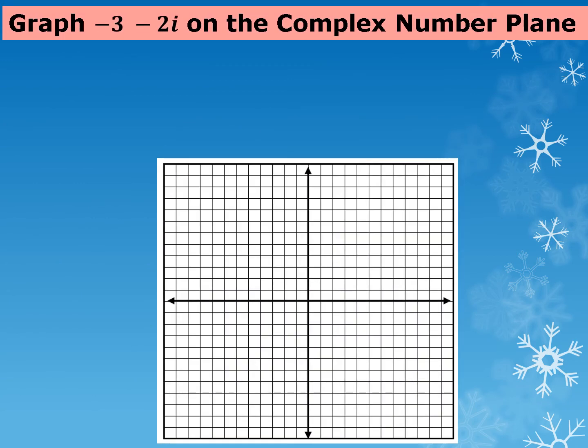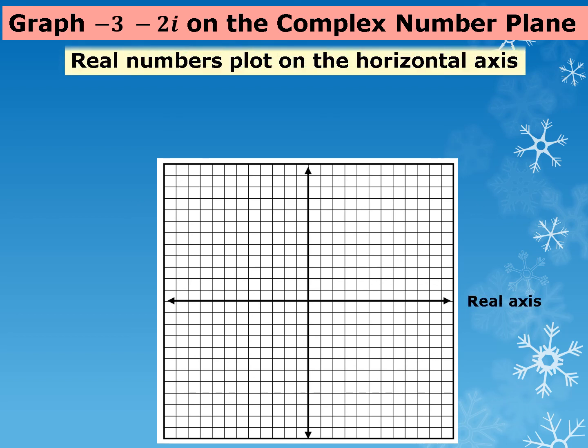Let's talk about how we graph a number on the complex number plane. So right here, they're wanting us to graph negative 3 minus 2i. So here's what we're going to do. We're going to use our xy axis.